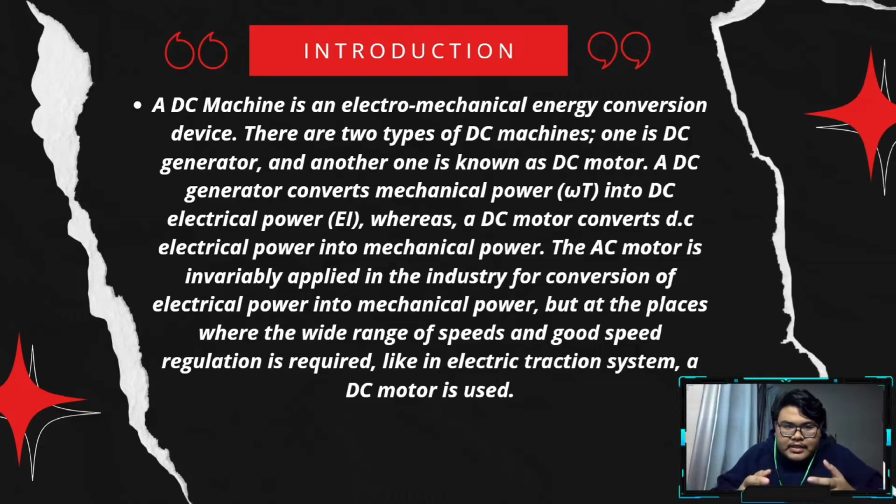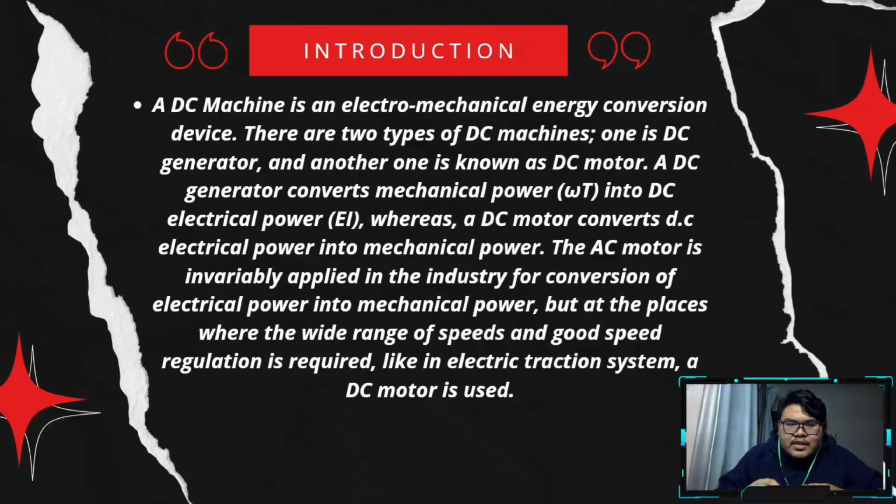For the introduction, a DC machine is an electromechanical energy conversion device. There are two types of DC machines: DC generators and DC motors. The DC generators convert mechanical power into DC electrical power, whereas DC motors convert electrical power into mechanical power.